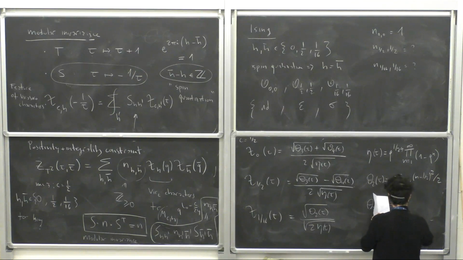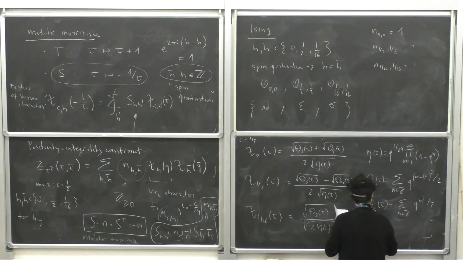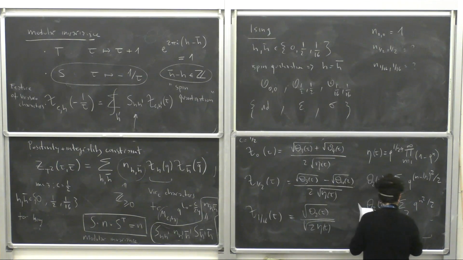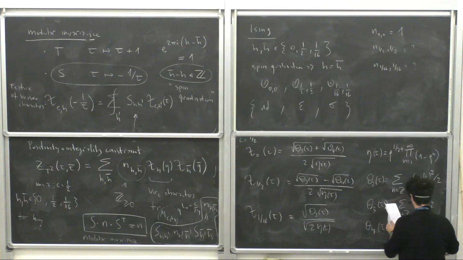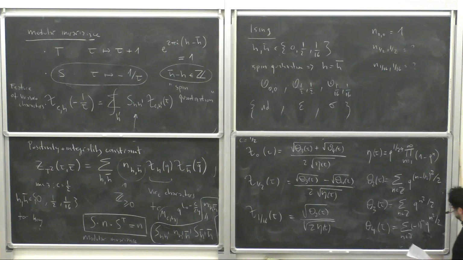This is theta 3, a sum over n in the integers of q to the n squared over 2, and theta 4 of tau. This is a sum over, again, n in the integers, of minus 1 to the n, q to the n squared over 2.